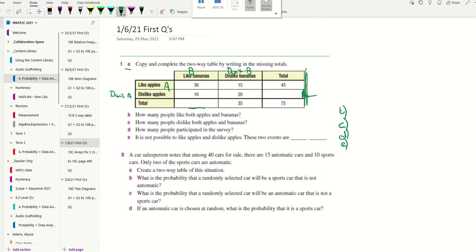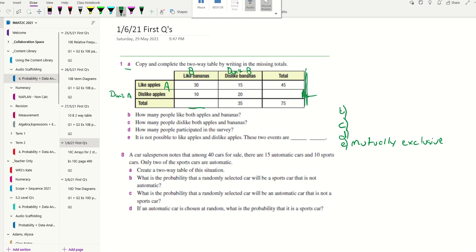And E, it is not possible to like apples and dislike apples. These two events are, and I'll tell you what that is, mutually exclusive. Not sure that we covered that. Mutually exclusive, if it is, you can't like and dislike something at the same time.